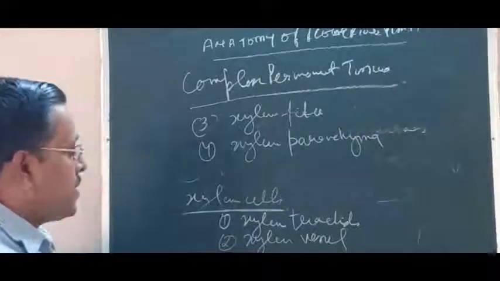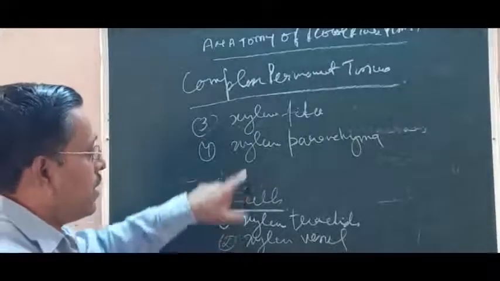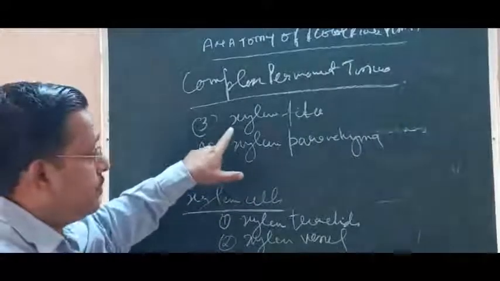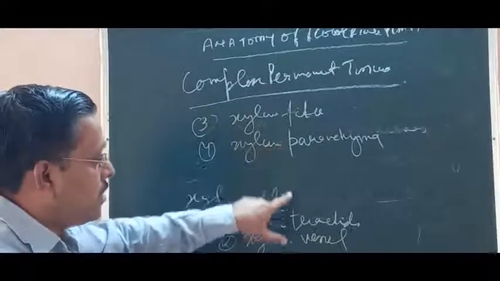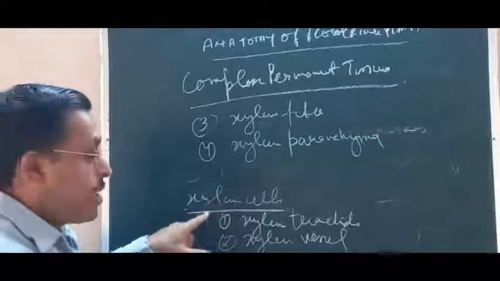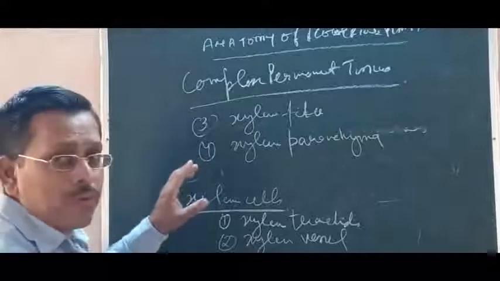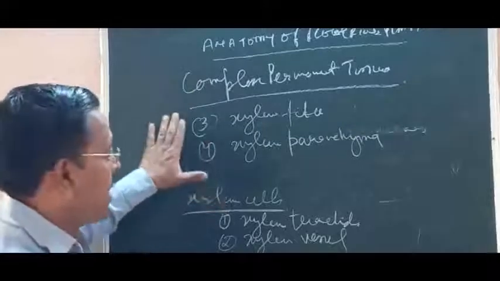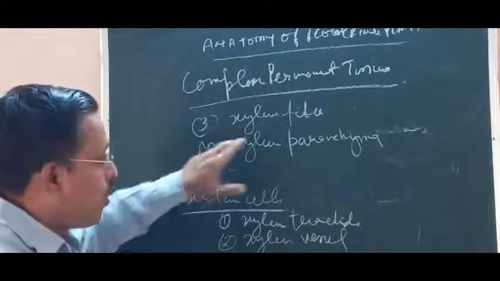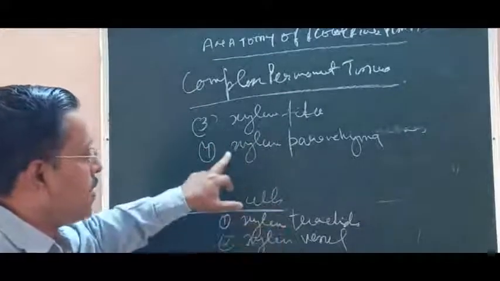As the name suggests, all these different types of cells are part of the xylem, and together these four types of cells form a complex tissue which is called the xylem complex permanent tissue. All these four types of cells together constitute the xylem tissue.